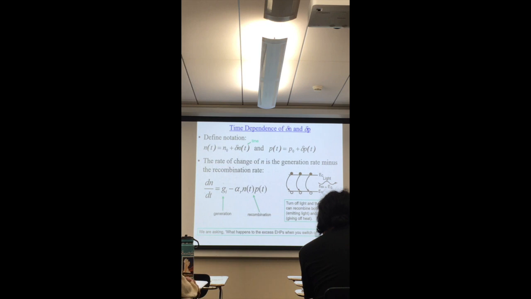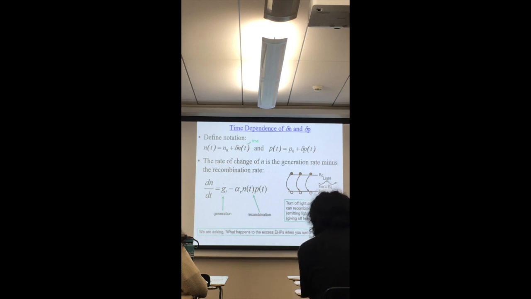Here we are interested in the rate of change of N. This rate of change depends on two competing processes, as we discussed before: generation and recombination. So the rate of change is the generation rate minus the recombination rate.